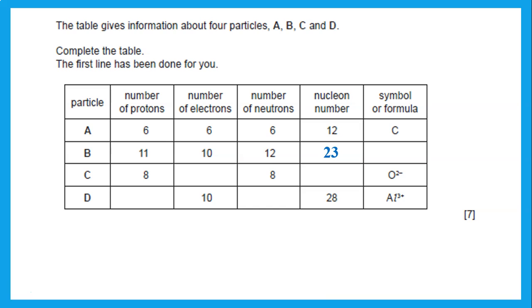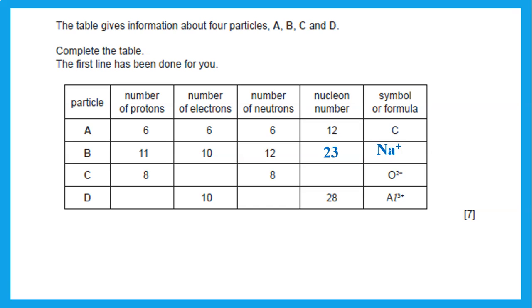This is determined by number of protons. The number of protons determines the kind of element that I have. So if I look at the number of protons, particle B has 11 protons. That means its atomic number is 11. So I look at the periodic table, which one has atomic number 11? I find that it is sodium.